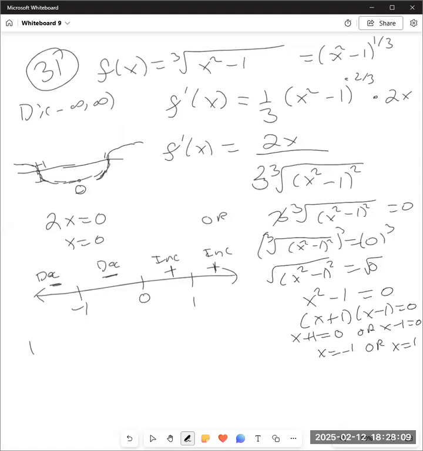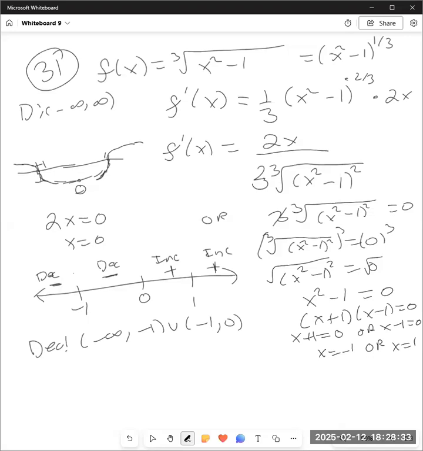So decreasing from -infinity to -1, union -1 to 0. I know that the book says just -infinity to 0, but I guess that's technically right, because I'm going to -infinity here.